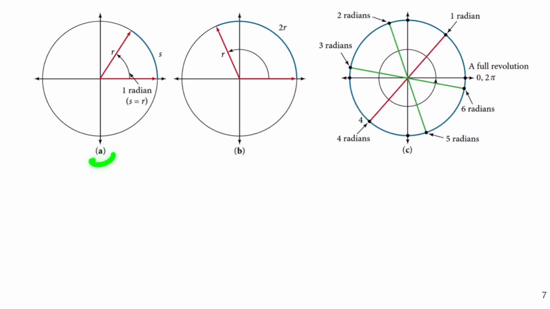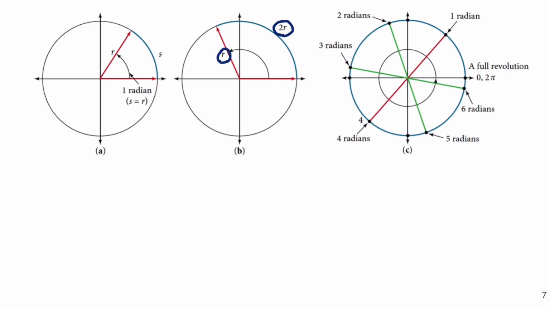We already saw this. 1 radian means that the radius length and the arc length, for which we often use the letter S, are the same for the created subtended angle. So this angle is 1 radian. 2 radians means we have twice the radius length.